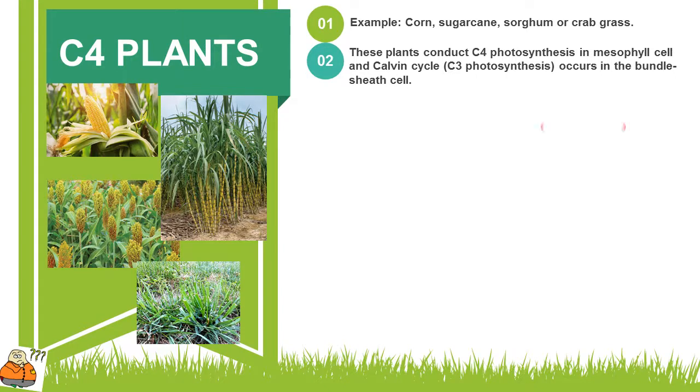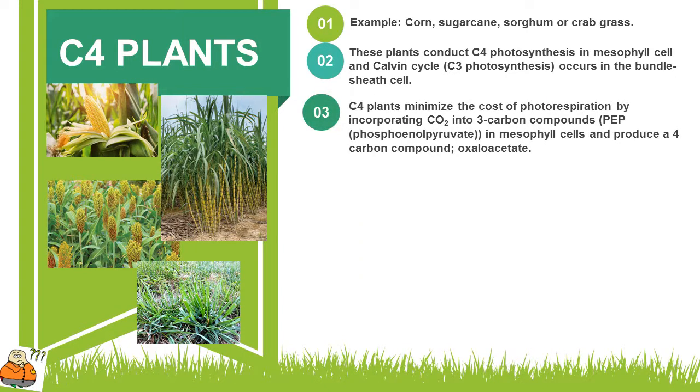So C4 plants minimize the cost of photorespiration by incorporating carbon dioxide into a 3 carbon compound, which is named phosphoenol pyruvate, PEP. Okay, you have heard of PEP or phosphoenol pyruvate in the glycolysis chapter. This happens in mesophyll cells and produces a 4 carbon compound named oxaloacetate.